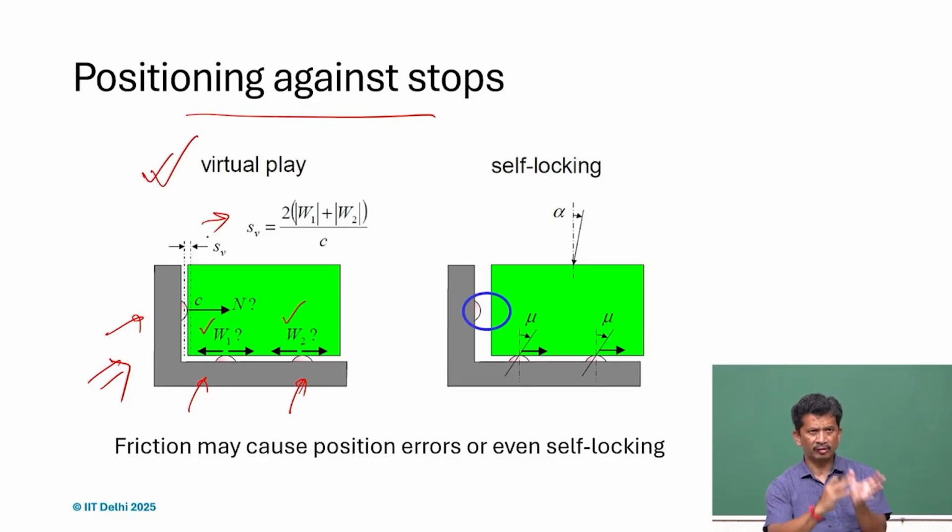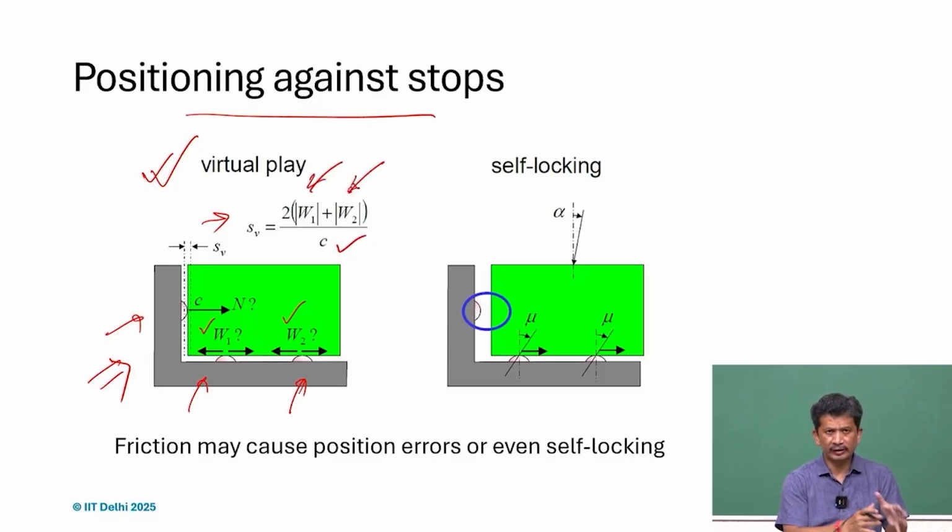Every time we take the object out and move it back, although we say it should go to the same location, if the object has a limited stiffness C and friction is involved, then although there is no gap, there is still uncertainty. So there will be virtual play, and one cannot say anything definite about this n, because there is always some uncertainty. Even though all three are in contact, this is the uncertainty in positioning.